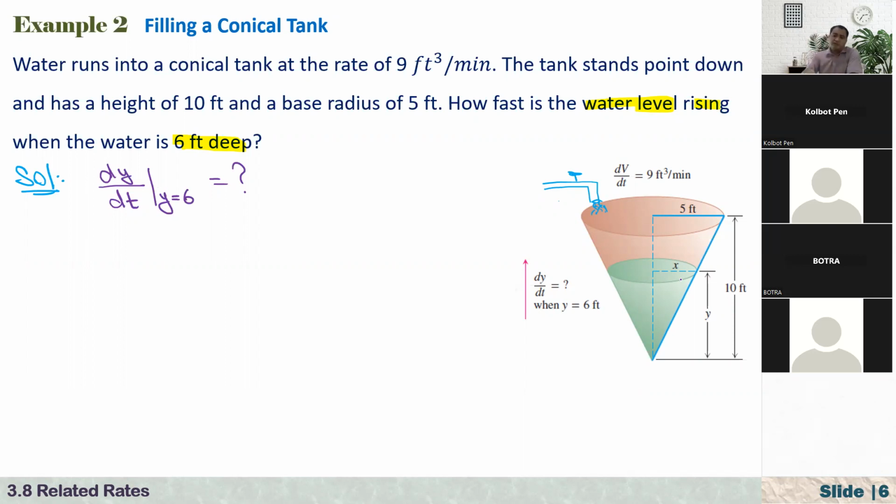Now to do this one, first we have to find the amount of water in this container. So let's say, for example, after certain minutes, the amount of water here will be what?